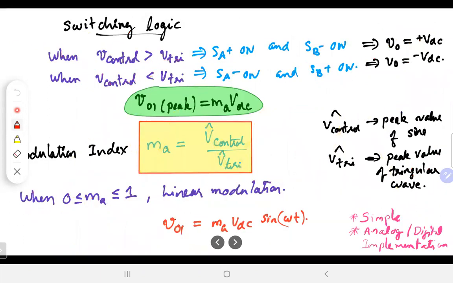Now, as I've already mentioned, the control logic is: V control greater than V triangle, we'll have the upper switch on and the lower switch off. This is the bipolar PWM, bipolar sine PWM or SPWM.